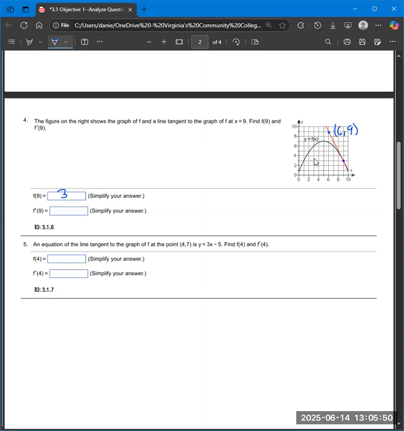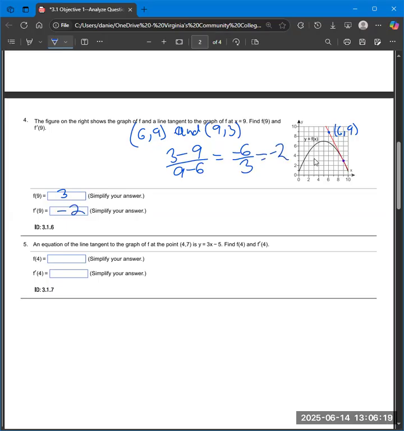So let's use 6, 9, and what were we using? 9, 3. So f of b minus f of a over b minus a. That looks like -6 over 3, which is a -2 for my slope.